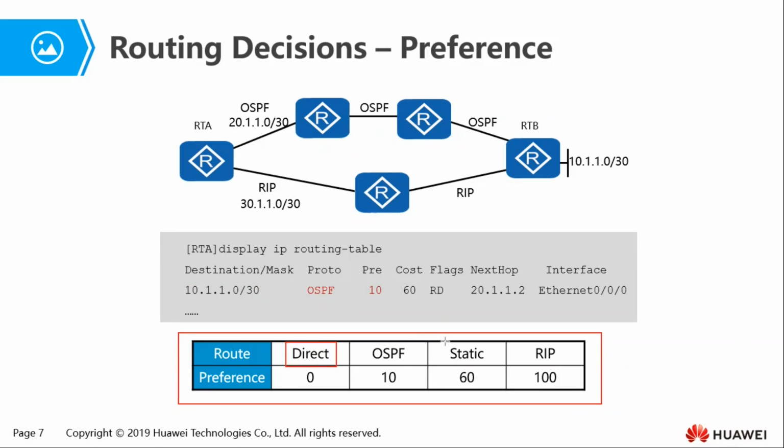Then we can manually configure a route. We call that static. So we have direct, directly connected to that network, and we have static, manually configured.